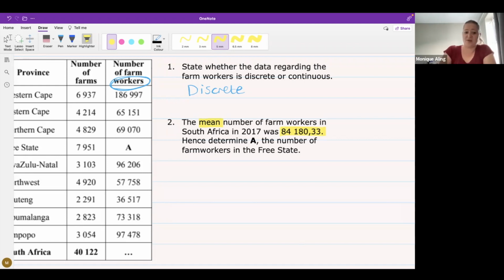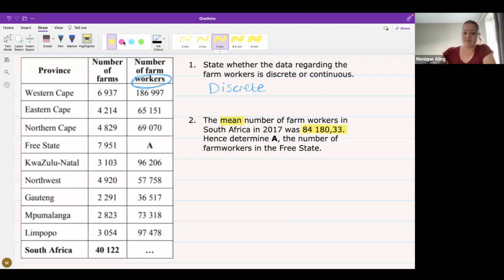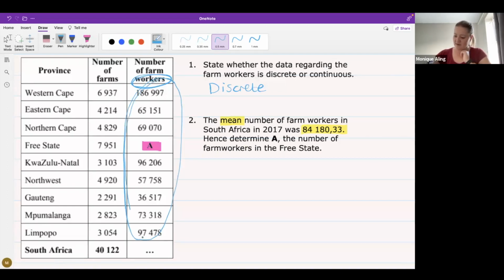They want us to work out just Free State's number, because technically, if I added all of these numbers up and divided by 9, because there are 9 provinces, I will get my mean of 84,180.